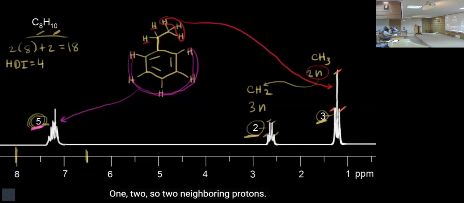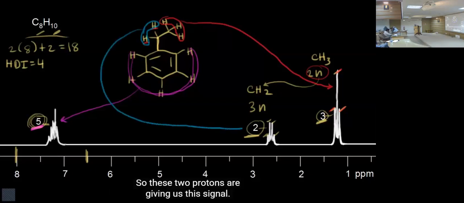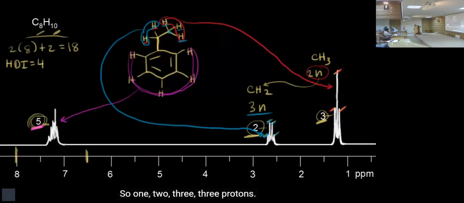Let's look at these 2 protons next. These 2 protons are giving us this signal. We would expect 3 neighbors because we had 4 peaks, 1, 2, 3, 4. So 3 neighbors: here's a next door carbon with 1, 2, 3 protons, and then this is also a next door carbon, but there are no protons on this carbon.